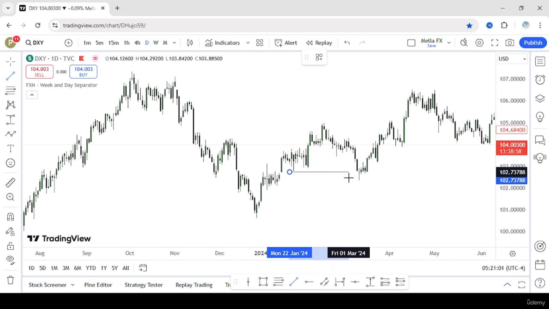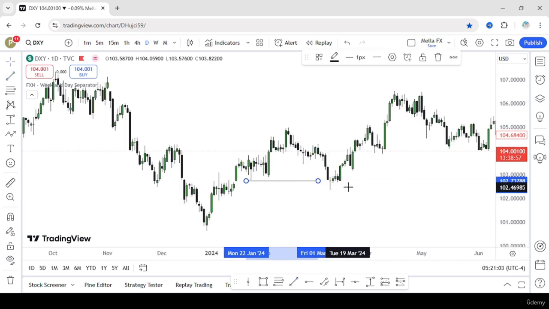Sell stops, as we have said, are built up orders which are below current market price. So these are sell stops. They are found below swing lows, daily lows in the market.